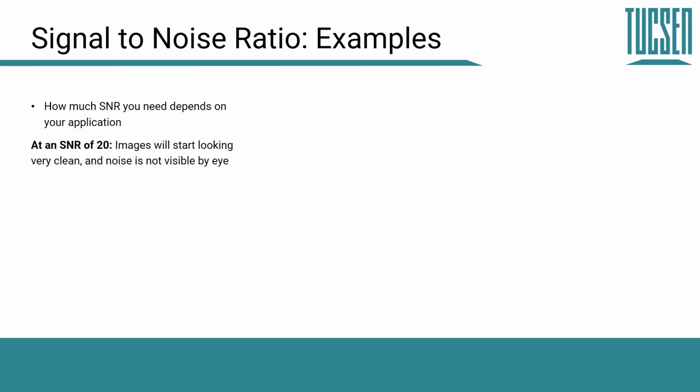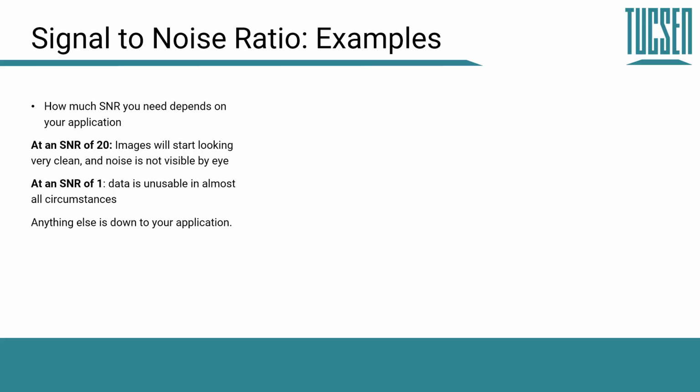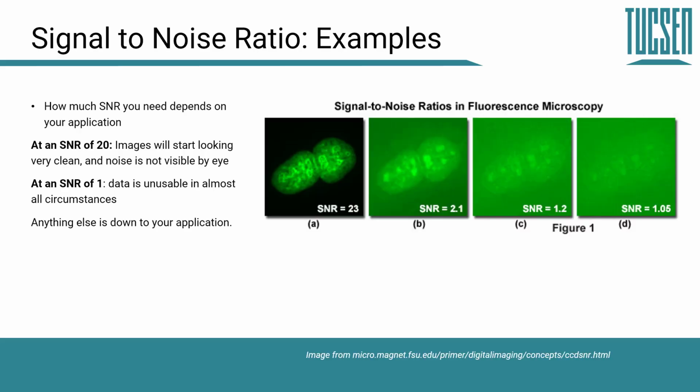For many applications, this might be the only bar that they need to reach, just for things to be looking fairly good and clean and clear. On the other hand, at a signal-to-noise ratio of 1, our signal is now effectively equal to our noise, and data is unusable in almost all circumstances. Anything in between or above is down to your application for what you need.